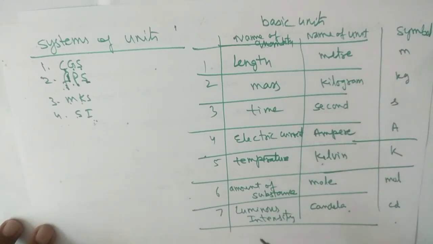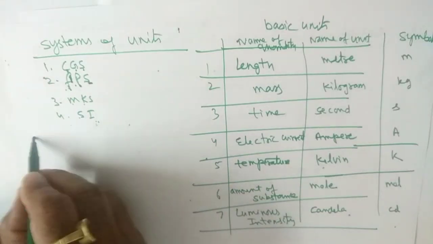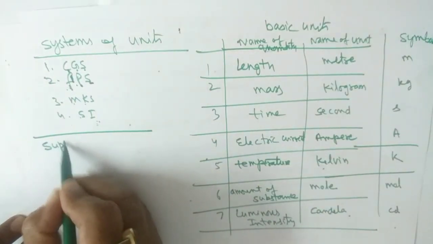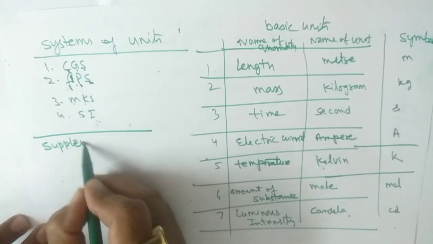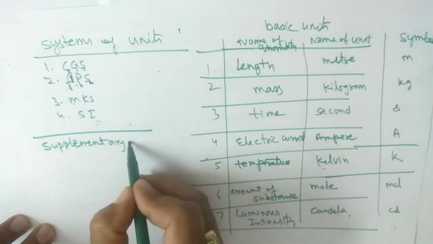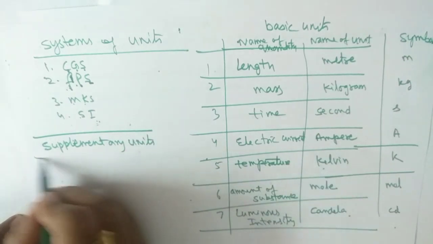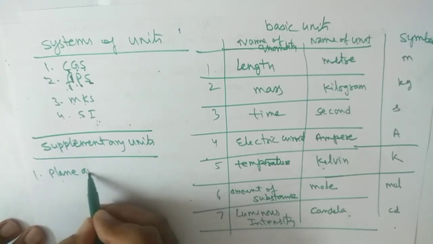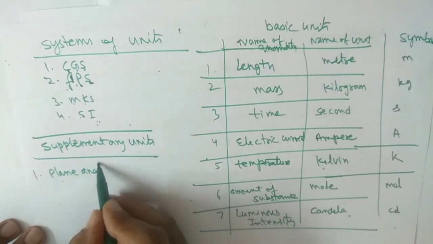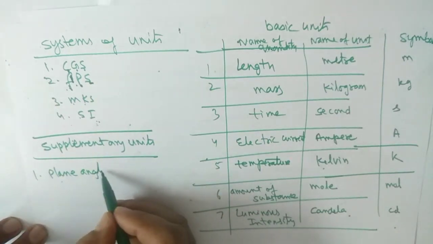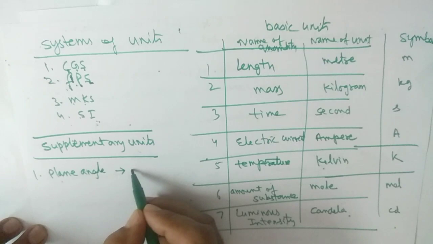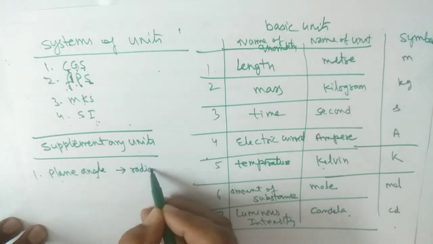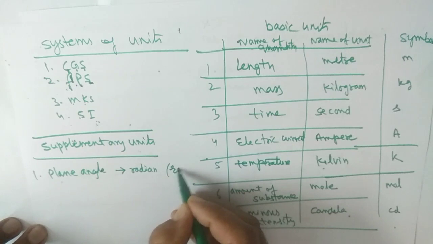Now, in addition to the 7 basic units, we have two more supplementary units. What are the supplementary units? First is for plane angle, and its unit is radian, denoted by rad.